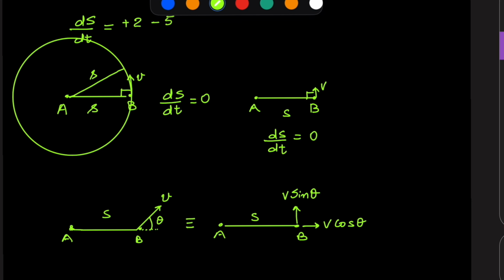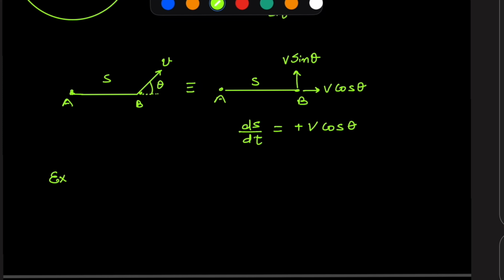The v sin theta component will not produce any change in s because, as seen above, it is perpendicular to the line AB. So we can just ignore that v sin theta. So d by dt of s will be only due to v cos theta, and v cos theta happens to be in such a direction in which, when B moves, the separation increases, and therefore v cos theta comes with a positive sign.